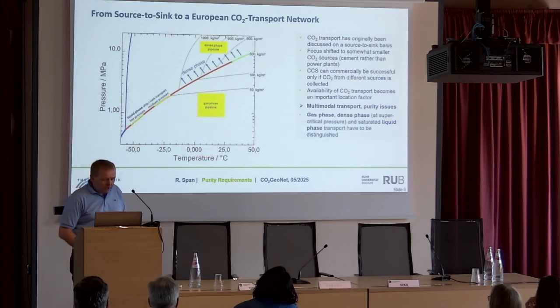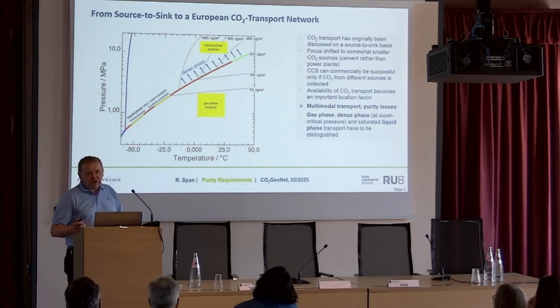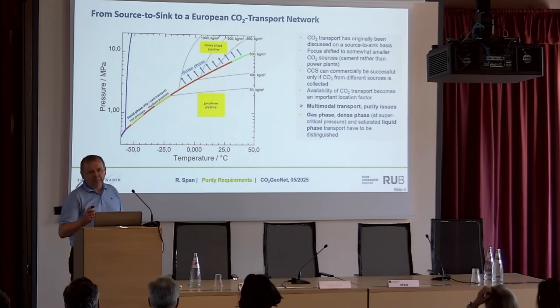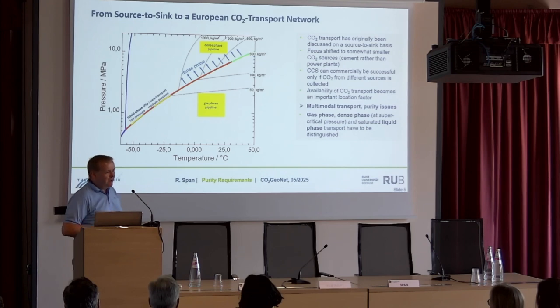Now, if we have a system like that, we can essentially distinguish four modes of transport. The backbone will be what we call dense phase pipelines, because supercritical sounds not right for the public, so we replace supercritical by dense phase.